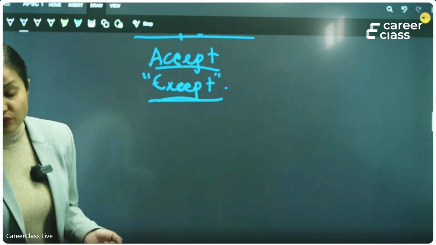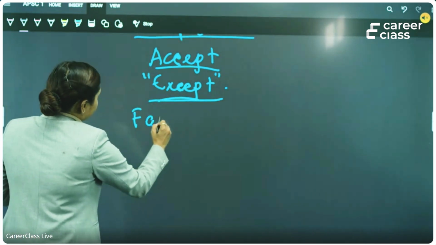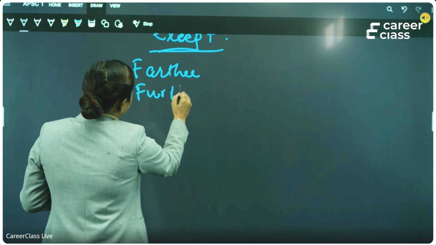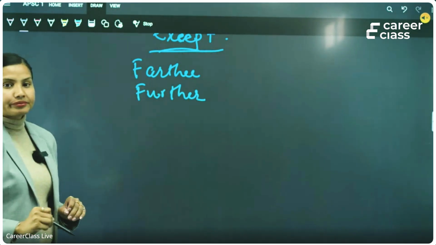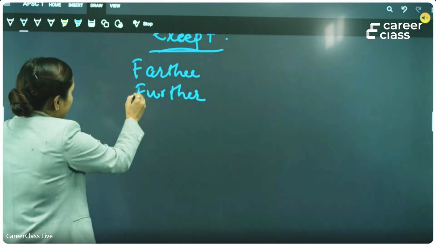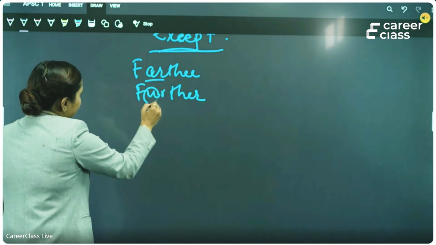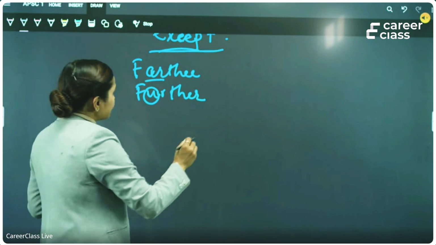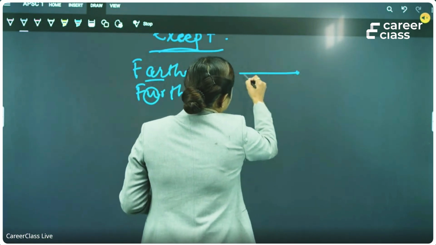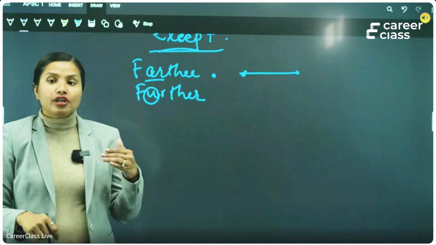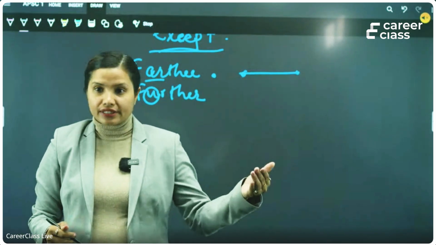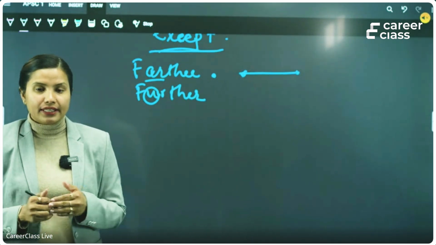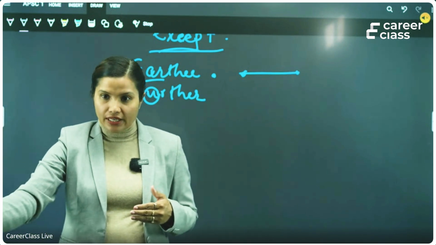What else? Further, farther, and further. Is there any difference? One with an A and the other with a U. When we try to express a distance, Hojai is farther from Guwahati than Nagaon, which means it is a place which is far away, right?